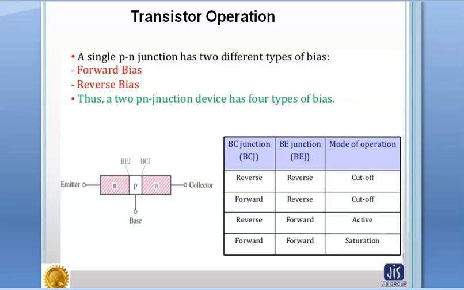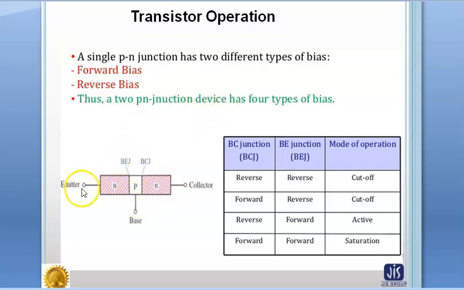Now the operation of the bipolar junction transistor. A single PN junction has two different types of bias, that is forward bias and reverse bias. I have already discussed this in detail in the previous lectures. Here two PN junctions are there.